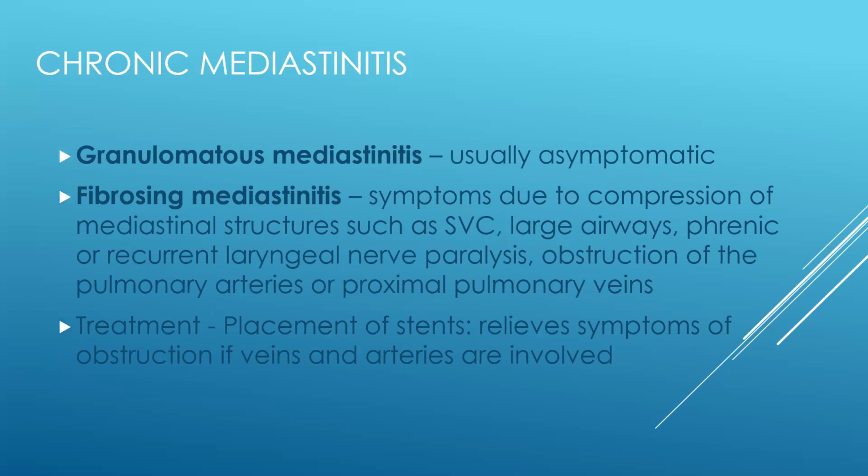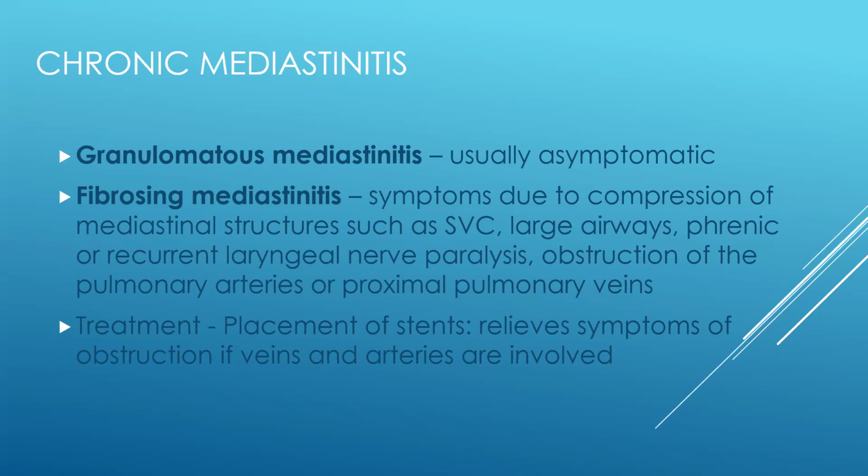Most patients with the granulomatous form of chronic mediastinitis are usually asymptomatic. They only have granulomatous inflammation of their lymph nodes, so this usually does not cause any symptoms. However, if you have a fibrosing form of chronic mediastinitis, there is widespread fibrosis in the mediastinum, and this can lead to compression of important mediastinal structures, such as your superior vena cava, large airways, phrenic nerve, and recurrent laryngeal nerve.